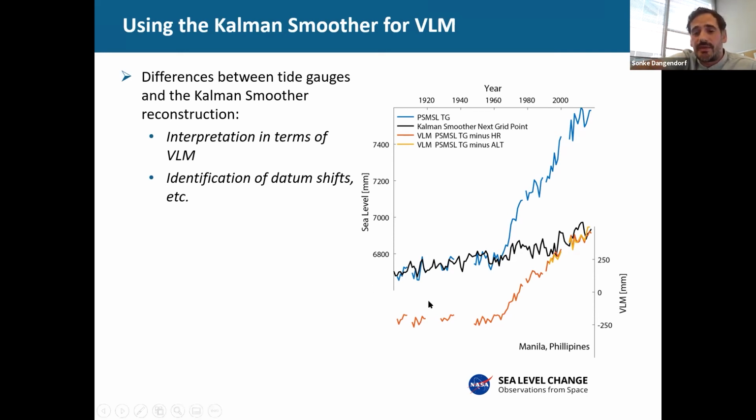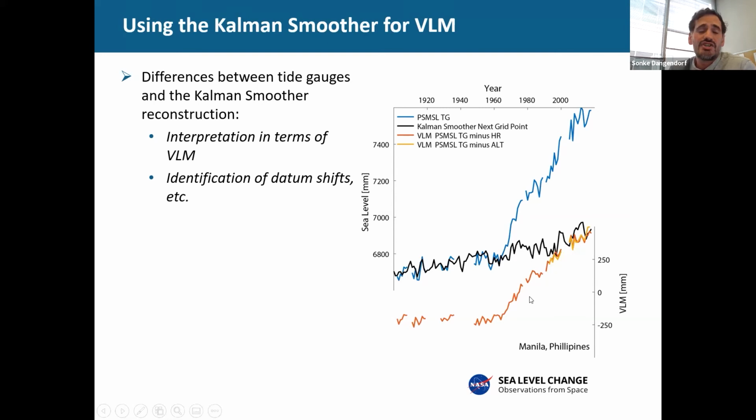So we can estimate that, and that groundwater withdrawal, of course, leads to vertical land motion. And we can estimate that vertical land motion in the same fashion by now subtracting just the Kalman Smoother solution from the original tide gauge. And that produces this red curve, which shows a constant vertical land motion rate until the 1960s, and then the steep increase since the 1960s.